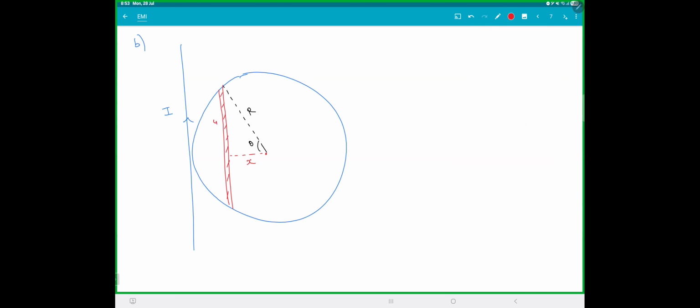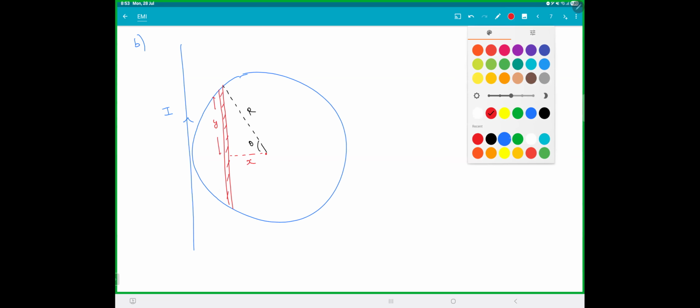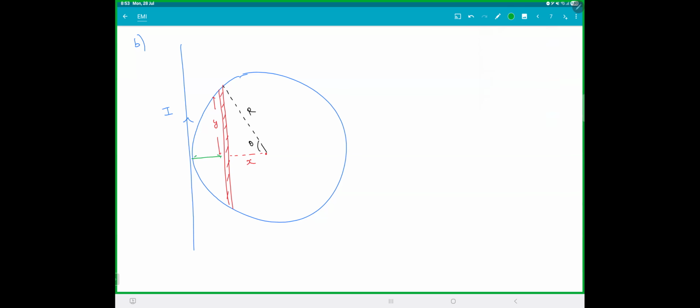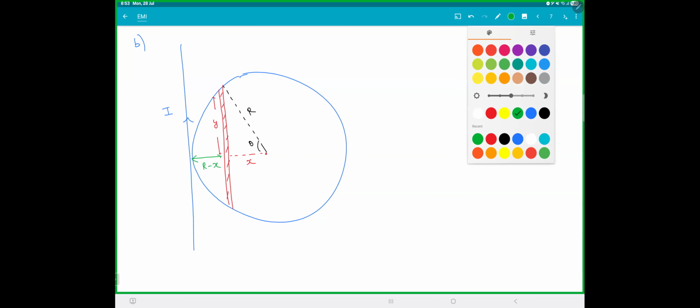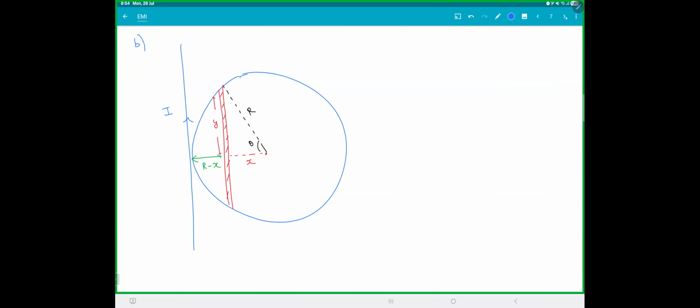So this is y. Then this distance will be r minus x. Perfect. So what is the magnetic field? The magnetic field on that strip will be mu naught I by 2 pi (r minus x).